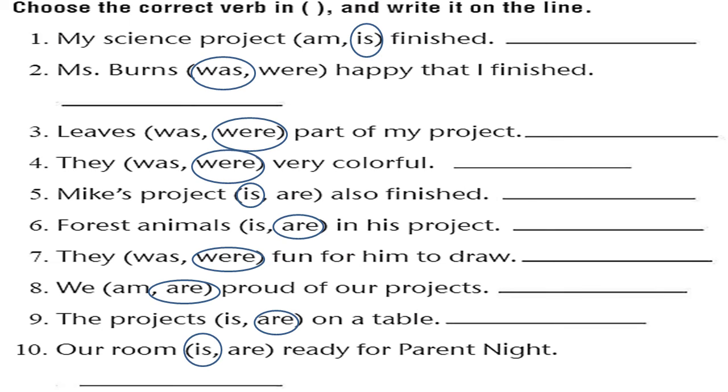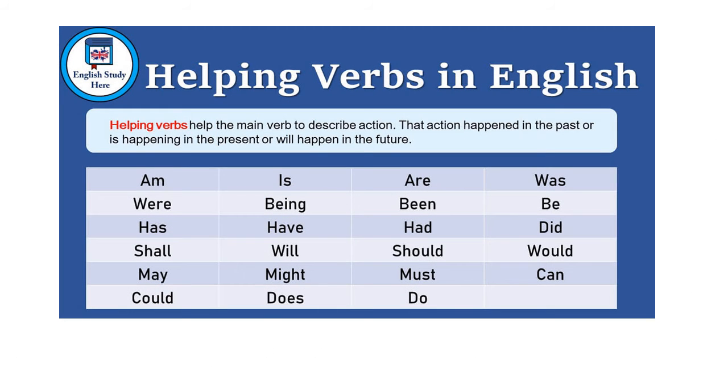Let's go to the next page. For the next assignment, I want you to again review the helping verbs. And I want you to repeat after me that your helping verbs help the main verb to describe an action. And this time you look at the verbs that are also going to help you tell whether this action took place in the future.